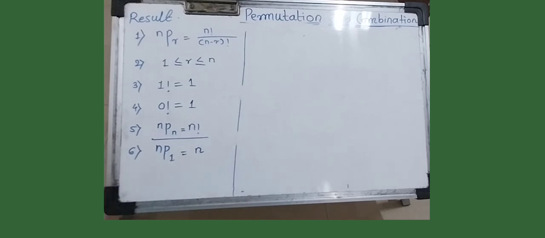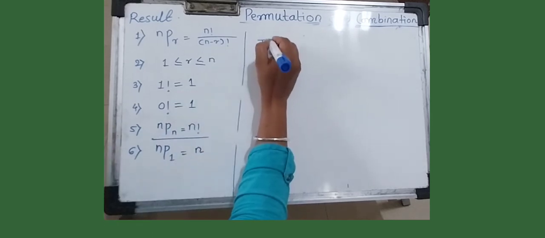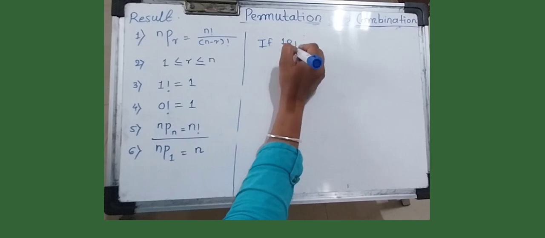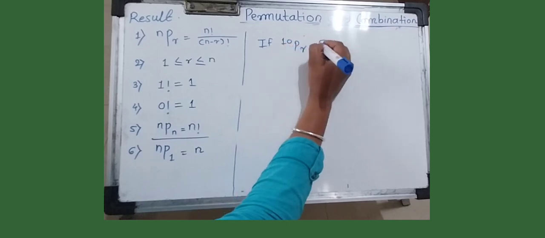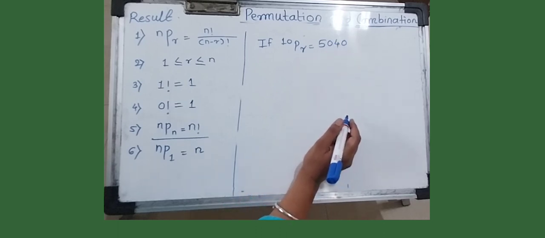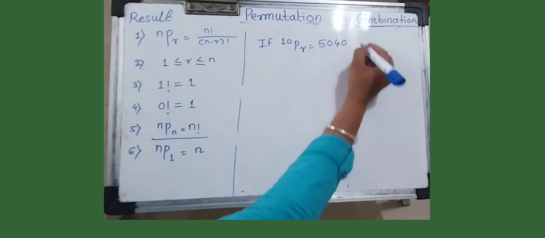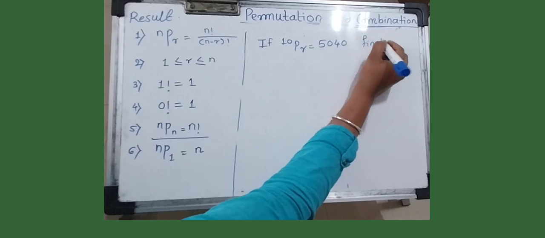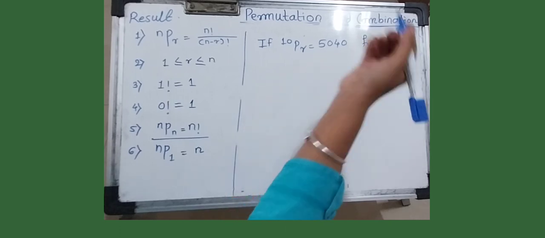In the practice question they ask, if 10Pr equal to 5040, find r. What do we have to find here? r.